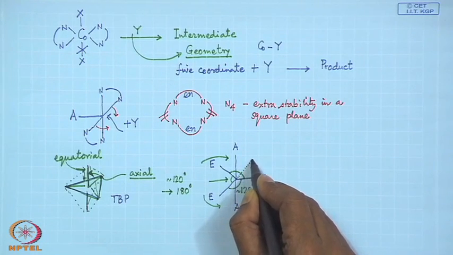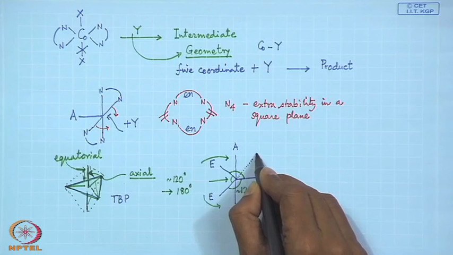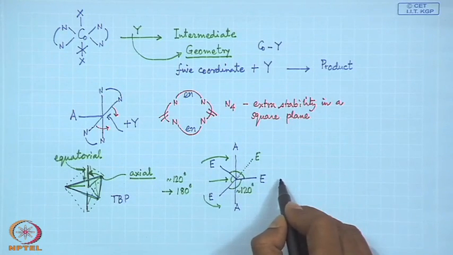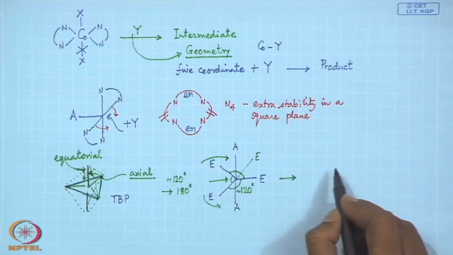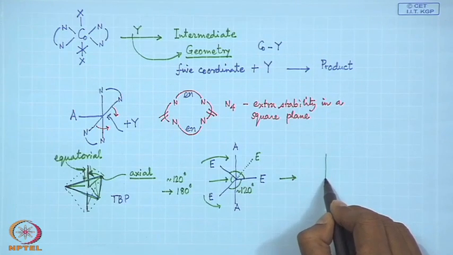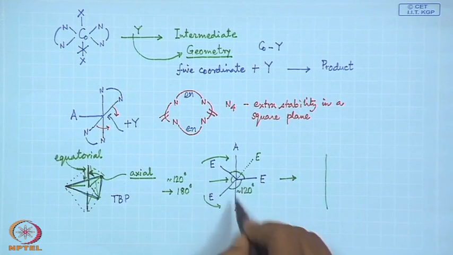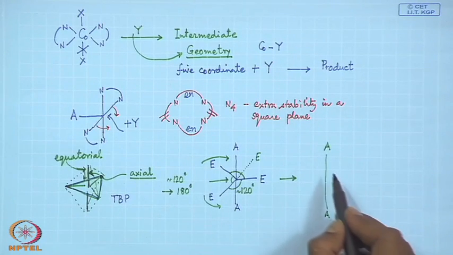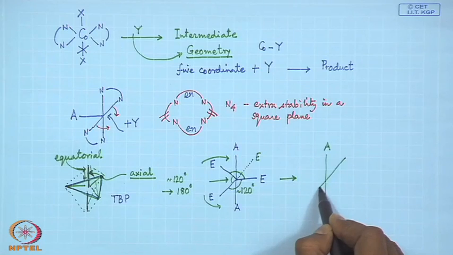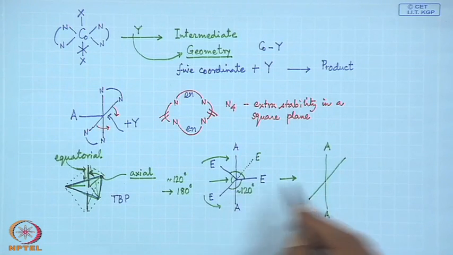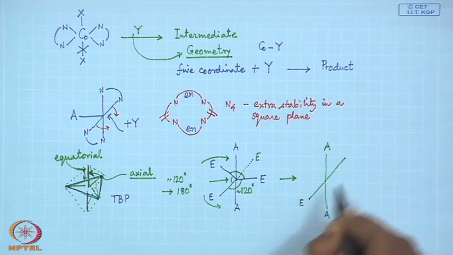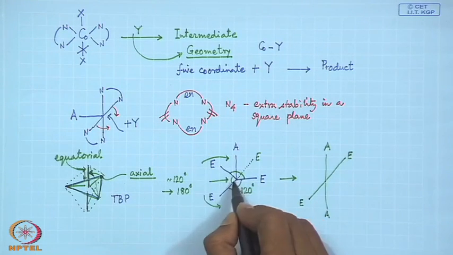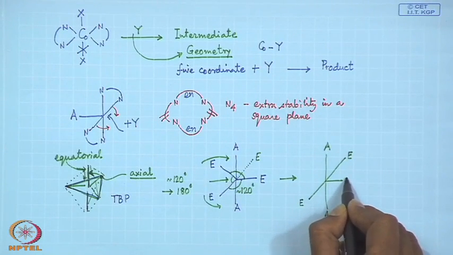That means this E will go straight away to this position, and as a result what we get is a structure like this, where this is the AA and these are the new positions of these two E. So, this E has moved, and this is the other E.